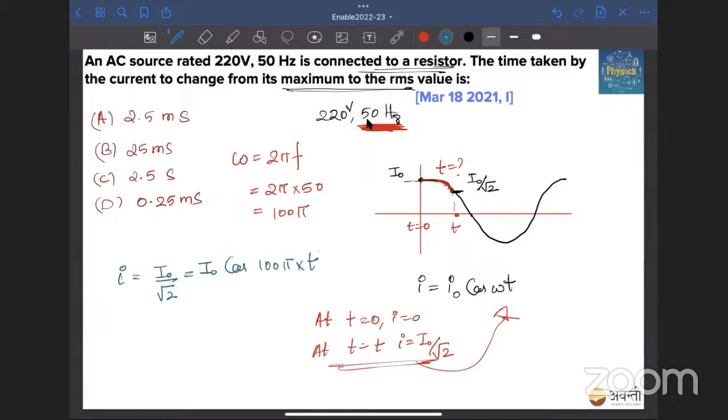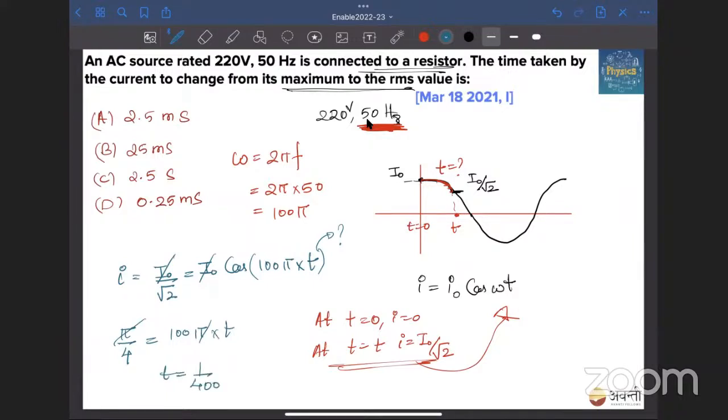This time we have to calculate. I naught cancels with I naught, so 1 by root 2. When do we get cos theta equal to 1 by root 2? At 45 degrees. So pi by 4 is equal to 100 pi into t. Pi cancels with pi, so time is equal to 1 by 400 seconds.